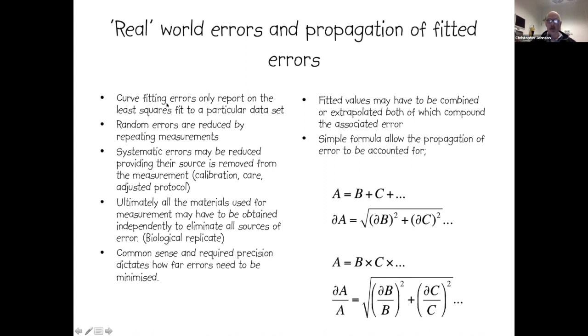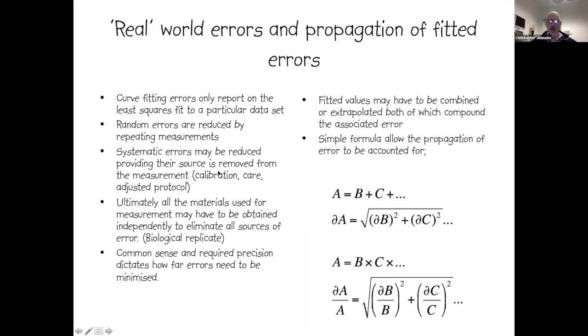I've already made the point about the precision that they imply, the number of decimal places, but these fitting errors only report on the least squares fit to a particular data set. You may be able to reduce random errors in your determination by repeating measurements and averaging, but systematic errors will not be removed by repeat measurements unless you remove the source of the systematic error.